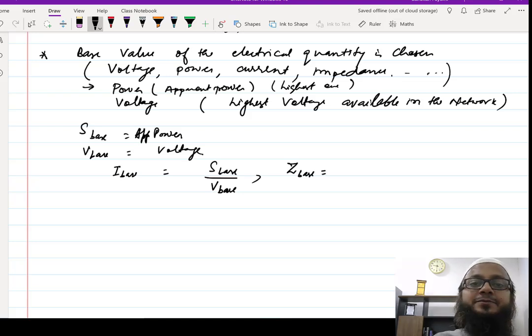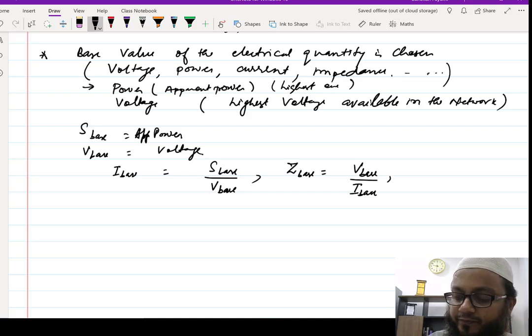Z base means the base quantity of the impedance in that region. That would be V base upon I base, because once I know I base, I can calculate Z base. Or you can calculate V base whole square upon S base.